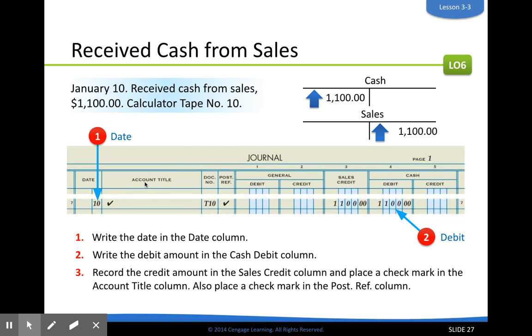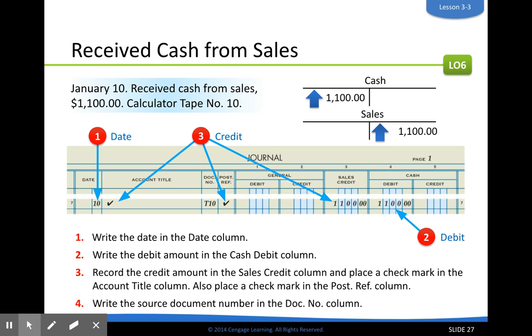We can't just leave this line blank, because someone looking over our work might think that we just forgot to write an account title there. Instead, we'll write the check mark in the account title column and the check mark in the post-reference column to show that you need to move over, and you'll see that we have sales credit and cash debit.